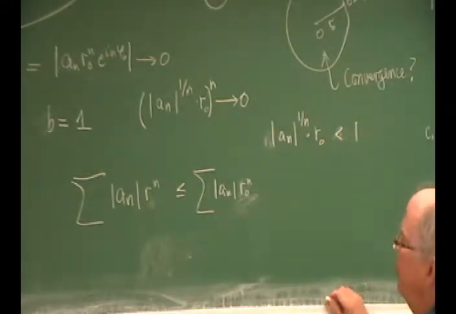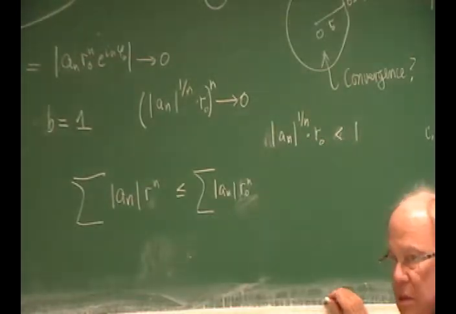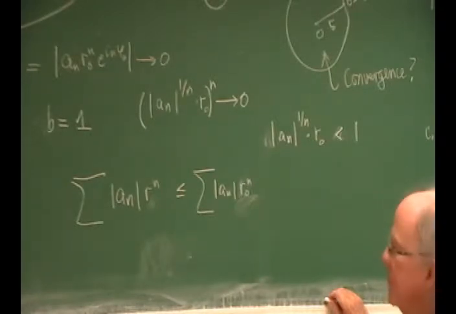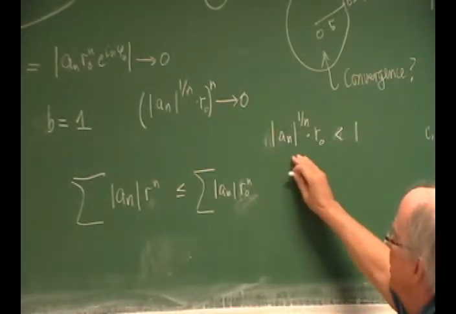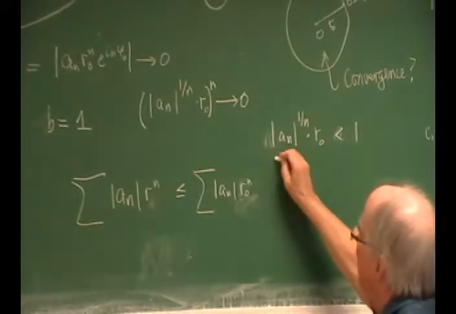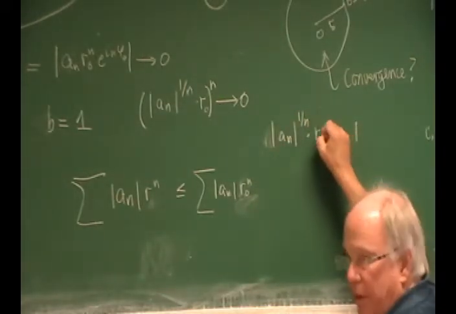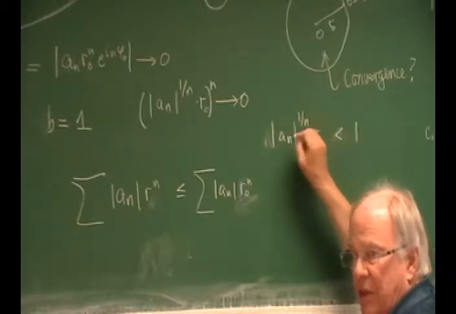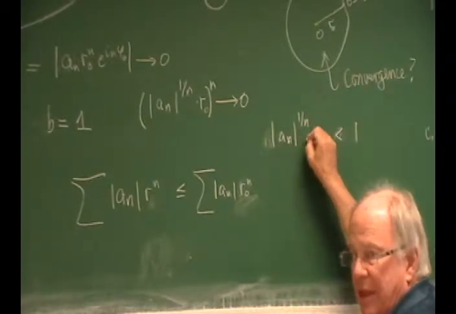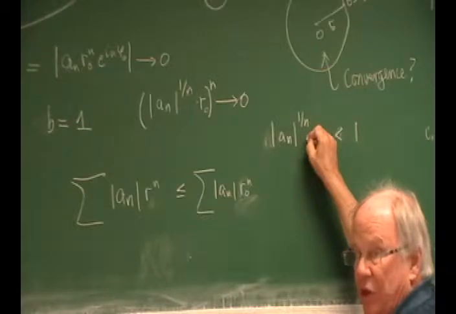But it could converge to 1 in some sense, right? So if this thing is, you see, this number raised to the n power goes to 0. But it's still possible that this thing is converging to 1.